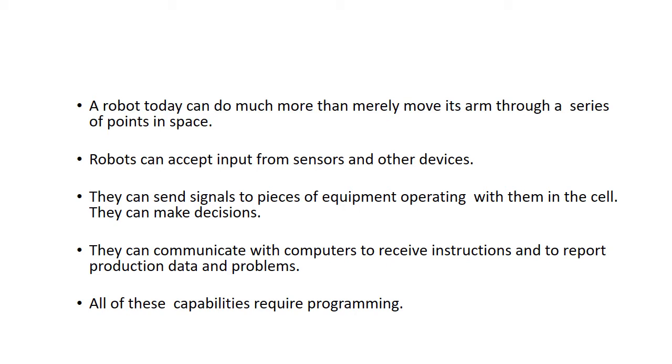A robot today can do much more than merely move its arm through a series of points in space. Robots can accept input from sensors and other devices. They can send signals to pieces of equipment operating with them in the cell.